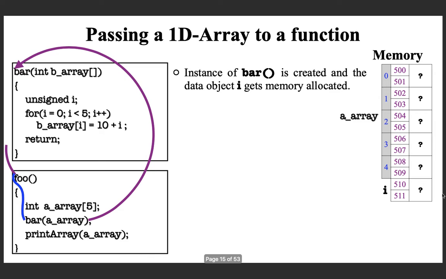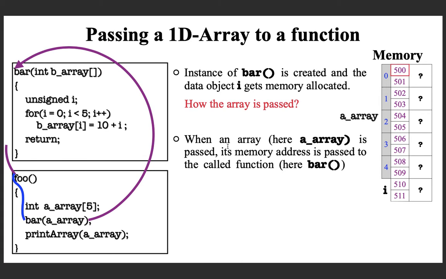Now when that instance is created, only the variable I is created. Now to answer this question, when an array, here a array, is passed, its memory address, which is this 500, is passed to the called function.